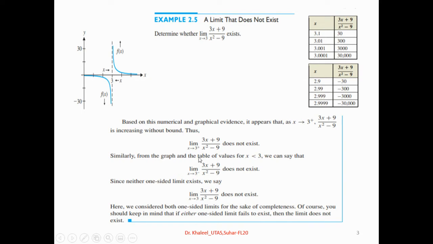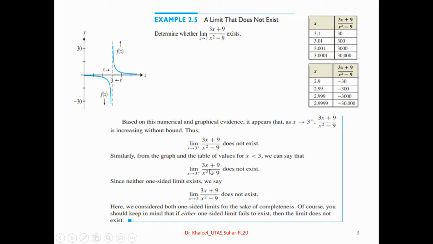Similarly, the graph and the table for the values less than 3. So look at this graph. When x is 2.9, the value is minus 30, minus 99, suddenly it decreases, and it keeps going. In the previous case, it is increasing without bound.